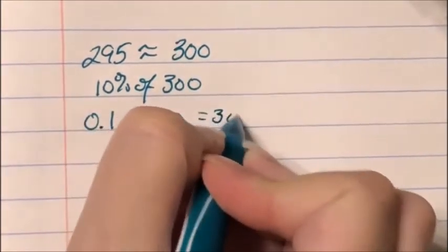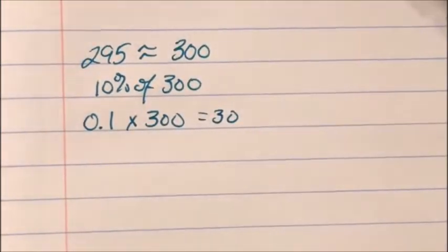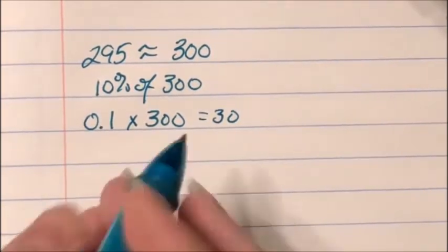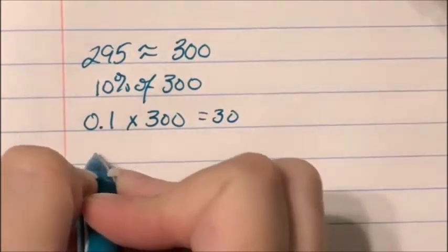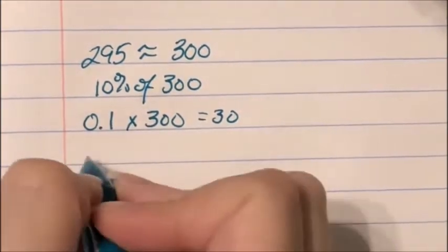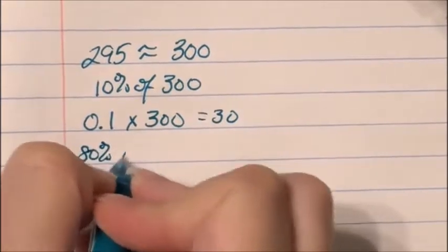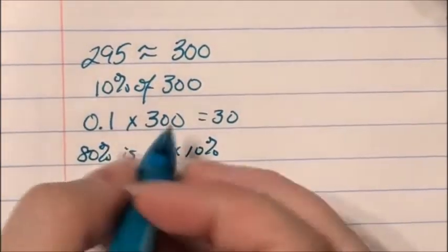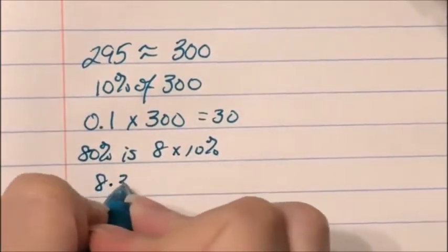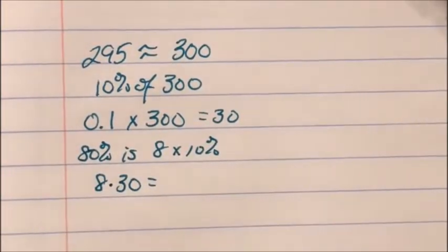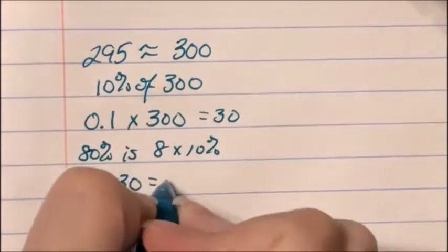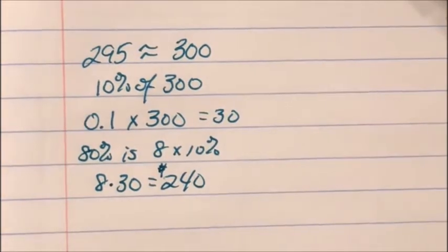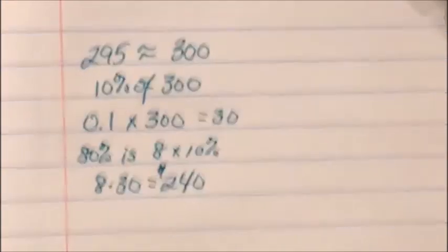That equals 30. Remember we said 80% of his paycheck goes into his savings account. So I'm going to take 8, because 80% is 8 times 10%. So I'm going to take 8 times 30. That gives me 240. So he'll put approximately $240 into his savings account.